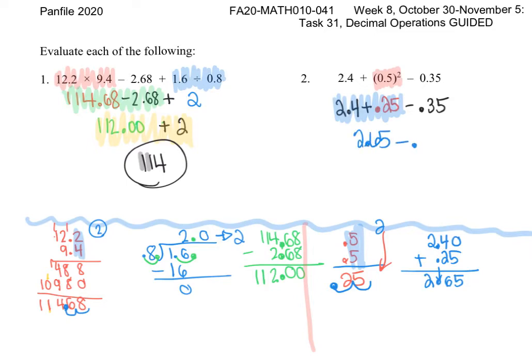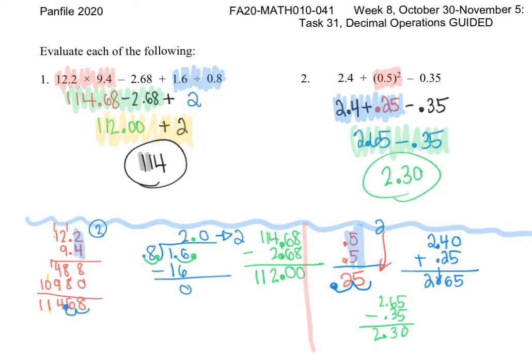And I'm subtracting 0.35, and that's going to be my last step. So I have 2.65 minus 0.35. I get 0, 3, place my decimal, and 2. So 2.30 or 2.3. And that's my final answer.